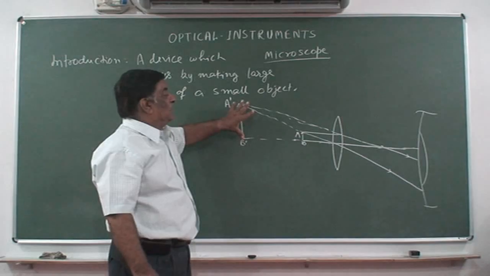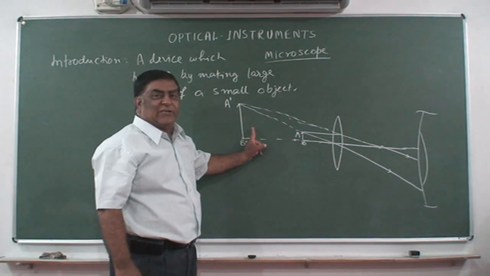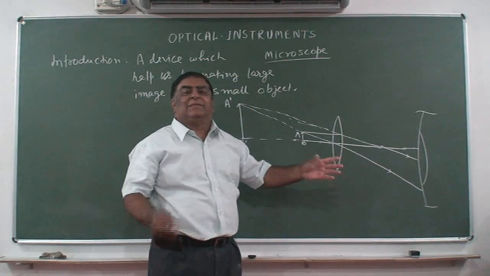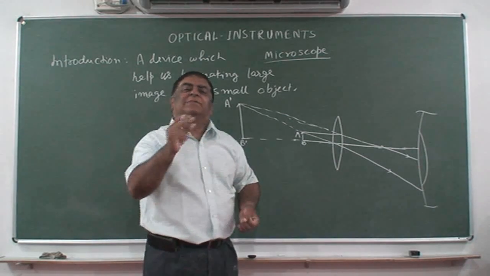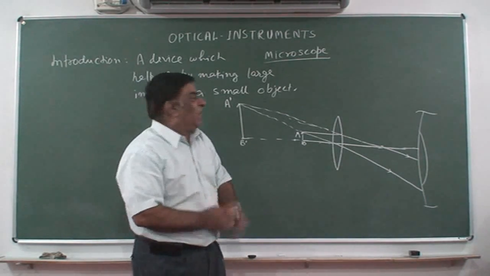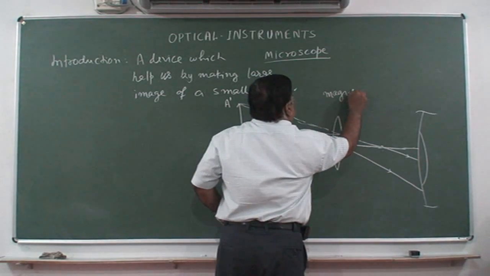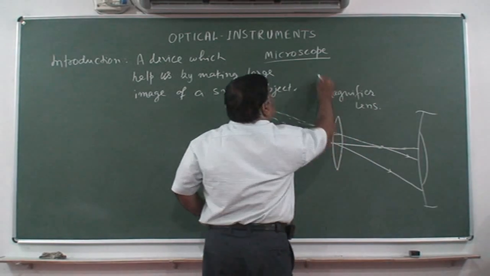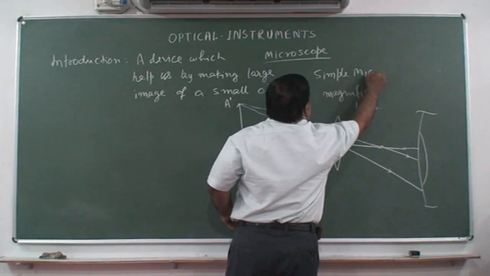Now A dash B dash is much larger than AB. Because it is larger with the help of this lens, we call this lens a microscope. But it is only one lens, so we call it a simple microscope. We also call it a magnifier lens.